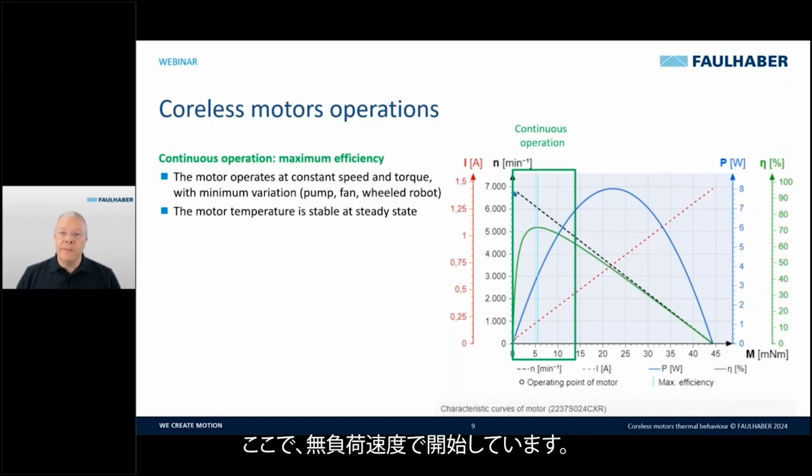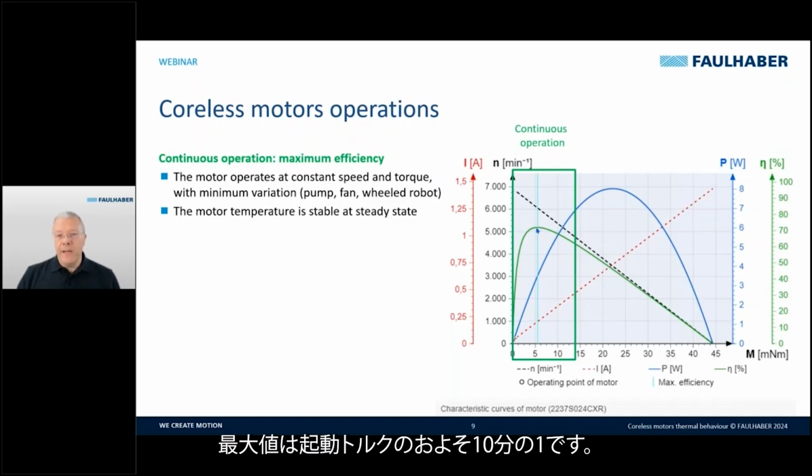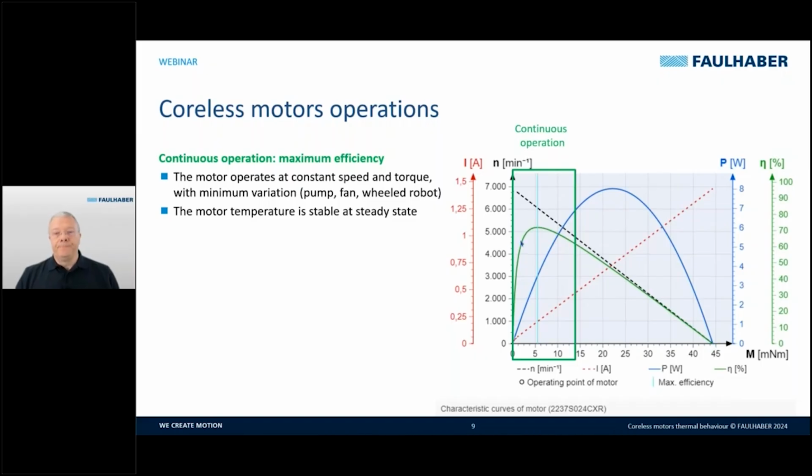And you can see here that we start with the no load speed, so the maximum speed achievable by the motor. And then when the load is increasing, you see that the speed is decreasing and the efficiency value is rising. The maximum value is around 1/10 of the stall torque. Stall torque is when the speed goes down to zero and we have maximum possible torque.